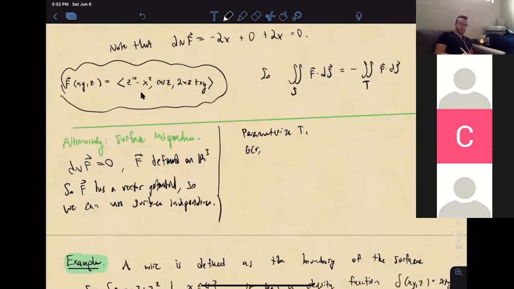R cosine T. Maybe I'll compromise. Let's use R and B. How about that? Keep things interesting. I don't think I've ever used B as a parameter before. It makes me a little uncomfortable. That's okay. Oh, and I forgot my 2.